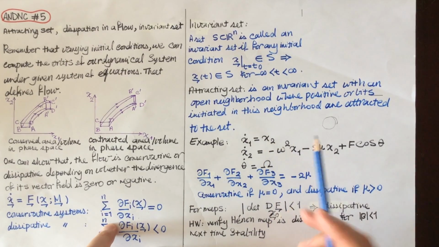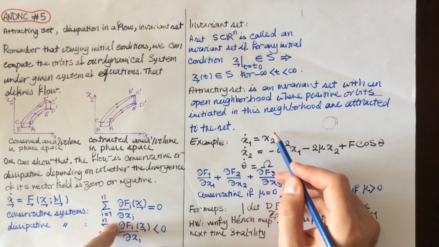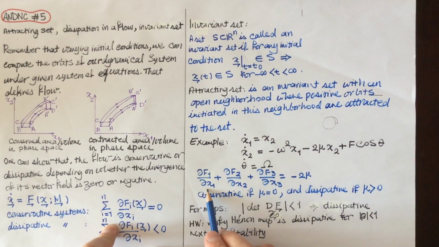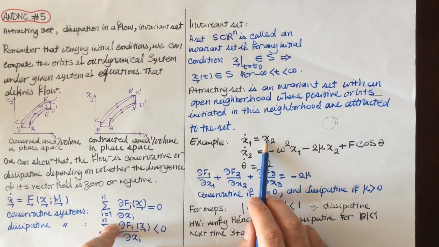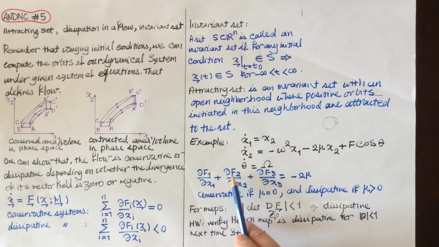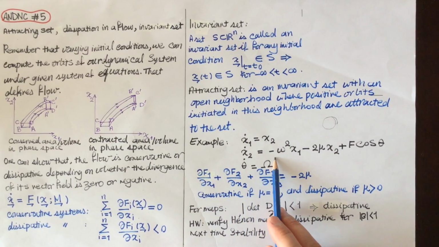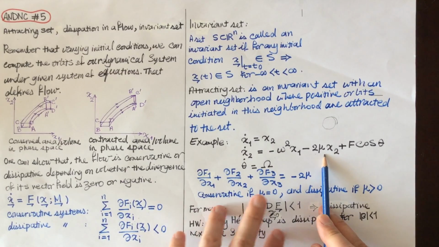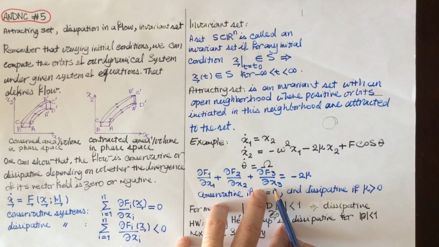For example, x2 is my f1. If I differentiate f1 with respect to x1, I get 0, because it only depends on x2. Then I differentiate f2 with respect to x2, I only get negative 2 times mu, and f3 with respect to x3 again goes to 0, right?